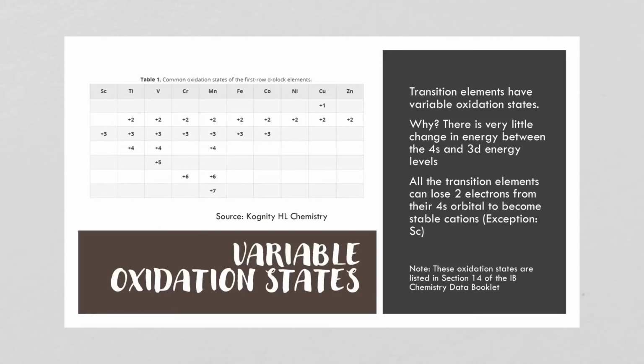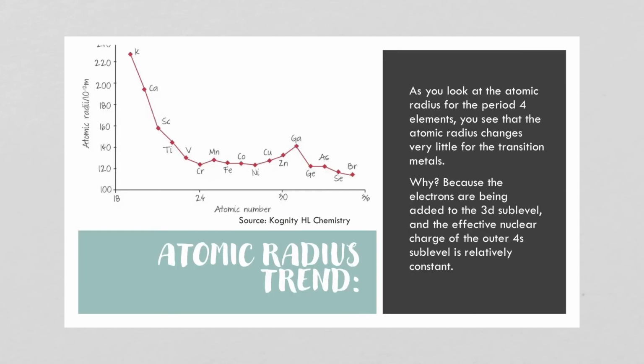You can see that some of these, like manganese, for instance, have many oxidation states. Most have just 1 or 2, so iron 2 plus or 3 plus, cobalt 2 plus, 3 plus. Because they can lose electrons from their 4s orbital first and from the 3d, then you can have so many different oxidation states.